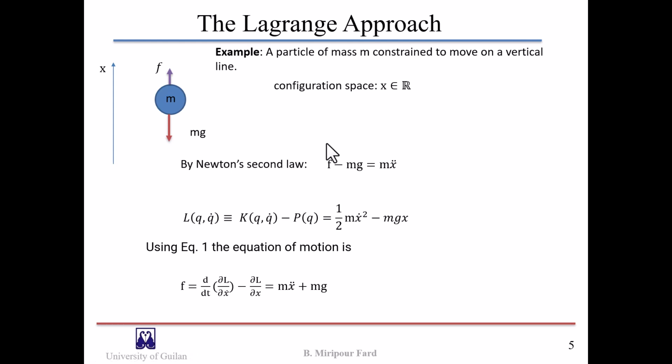We illustrate the Lagrangian dynamics formulation through a simple example. Consider a particle of mass m constrained to move on a vertical line. The particle's configuration space is this vertical line, and a natural choice for the generalized coordinate is the height of the particle, which we denote by the scalar variable x.